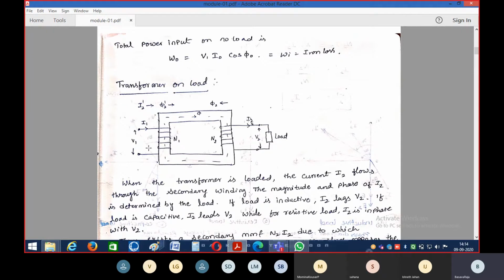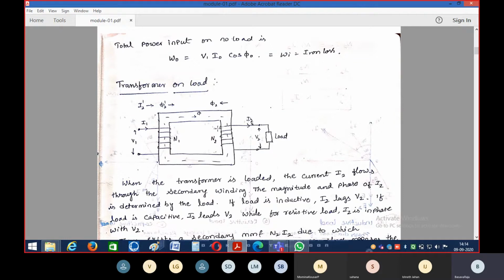So what is the voltage drop across the primary winding? Current flowing through the primary winding times the resistance of the primary winding, R1. So I1 into R1 gives the voltage drop due to the resistance across the primary winding.